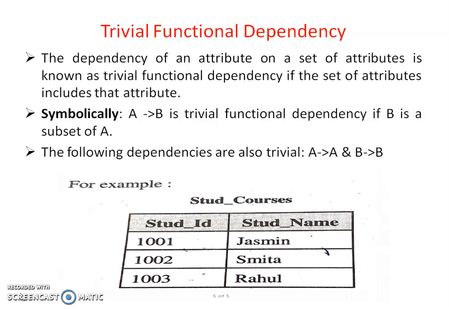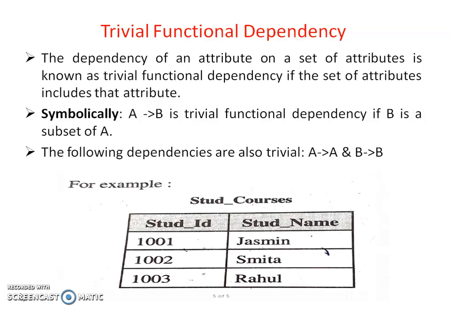If the right hand side of the functional dependency is a subset of the left hand side, then it is trivial. A functional dependency of the form A determines B is trivial if B is a subset of A. The functional dependency AB determines A is trivial. In a relation, if attribute A is dependent on a set of attributes AB and A is a subset of AB, then this functional dependency is said to be trivial.